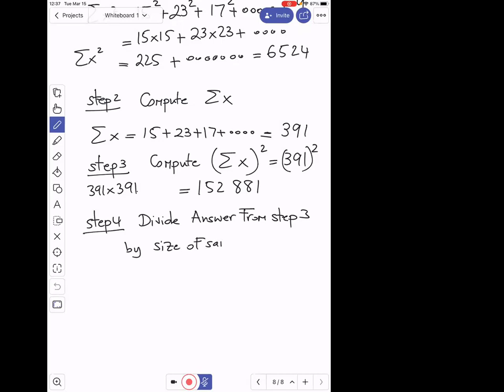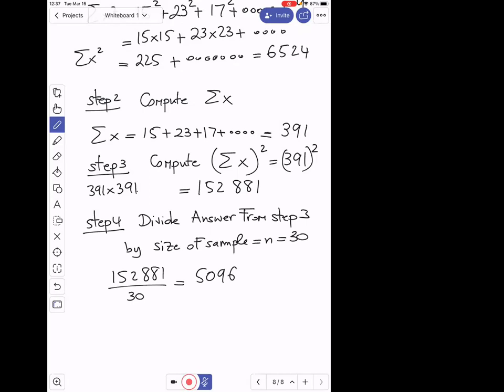The size of the sample is denoted by n. So we have 30 numbers, so we need to divide 152,881 by 30, which is 5,096.03.